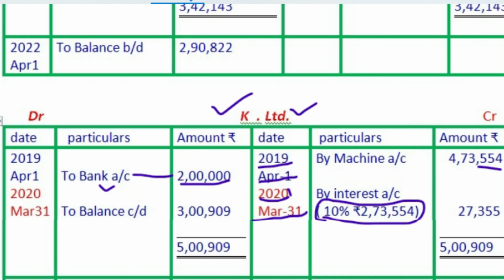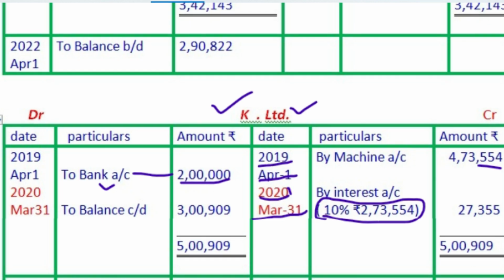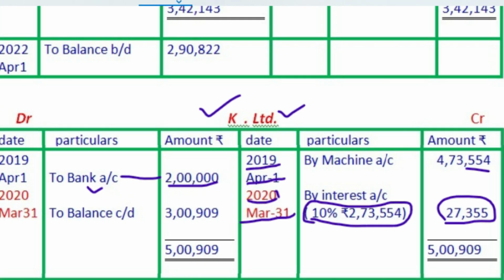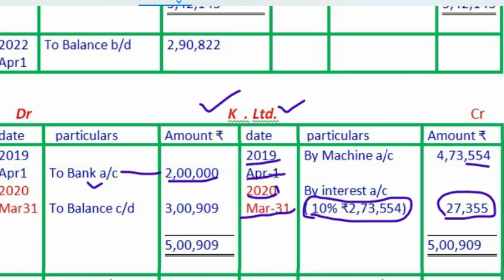On this balance he will charge interest at the rate of 10%. So here the interest calculation is 27,355.